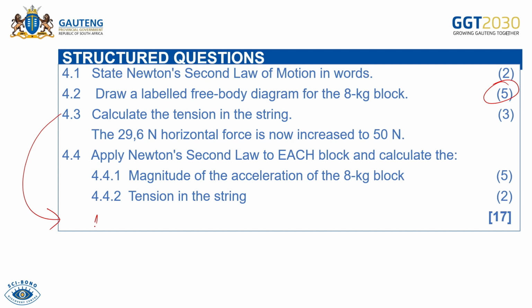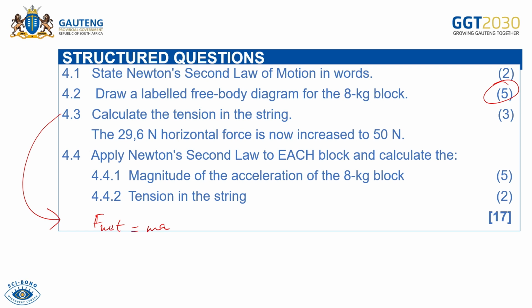I can say F net is where we have to start, equals to what? Ma, right? F net is the sum of the forces. Which forces? Horizontal what? Forces. And please make sure that you also take into consideration the issue of direction there. So those forces that are not acting in the same what?